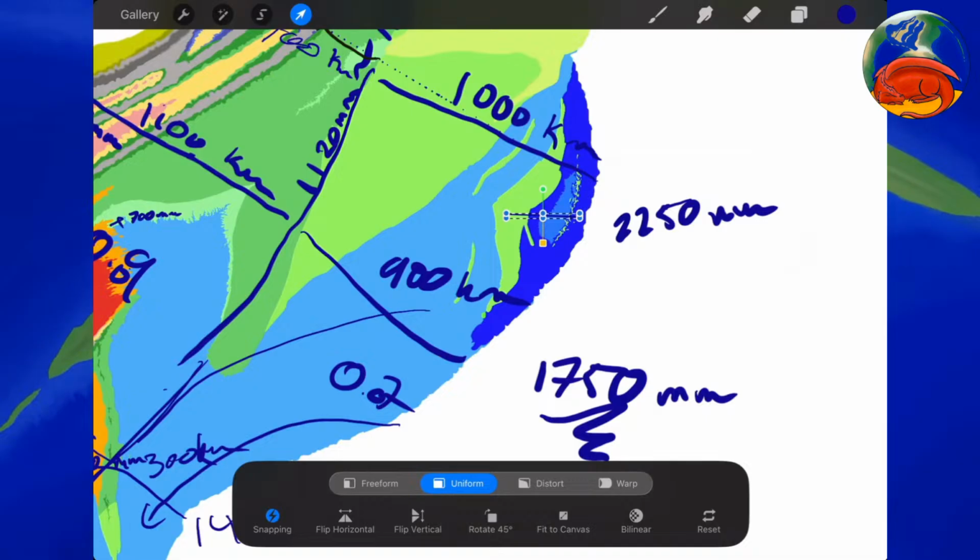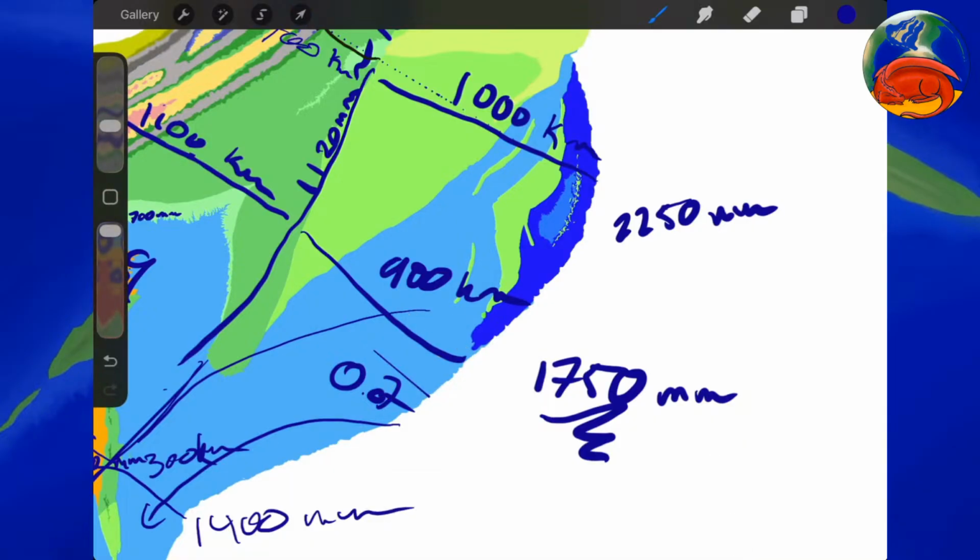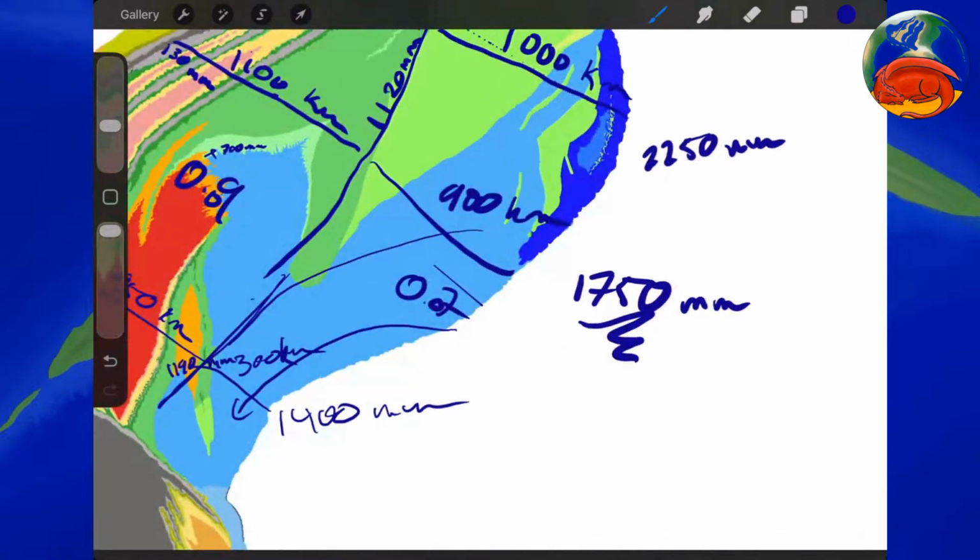All right, now we have a little measure stick here. So that is going to be kind of the greater extent of the AM along the coast here.